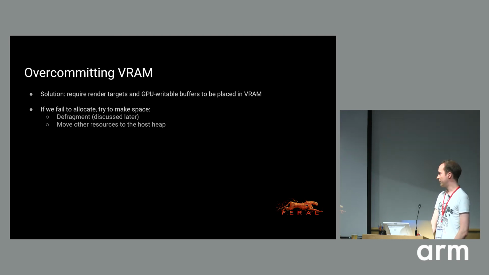First, it tries to defragment all of the resources that we currently have allocated, and I'll describe that more in a bit. Then if that doesn't make enough space, it will move other existing resources in device local memory into the host heap instead, and that gets done in least recently used first order.